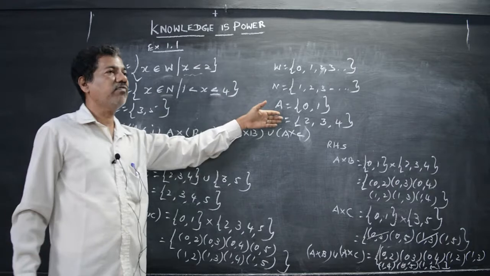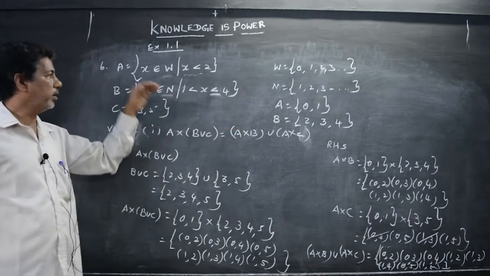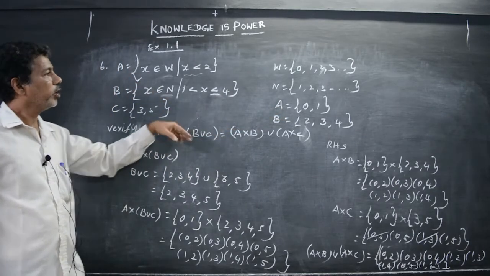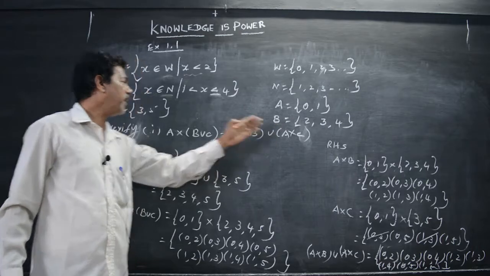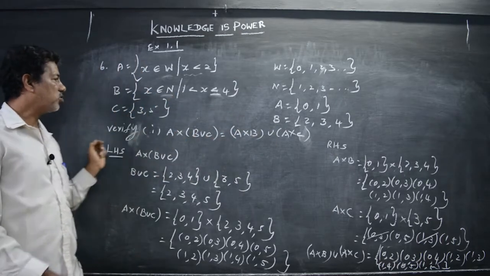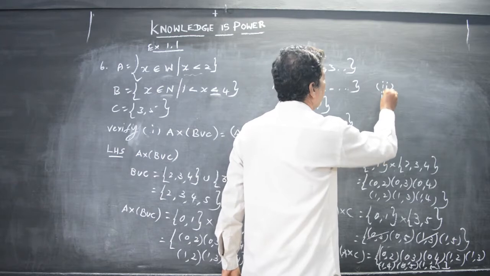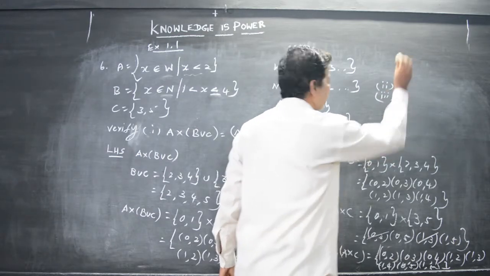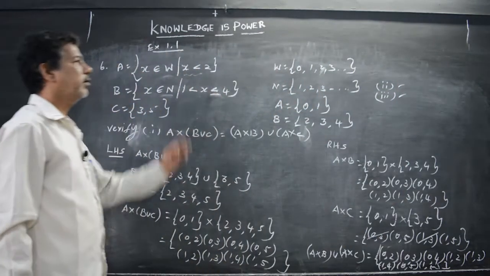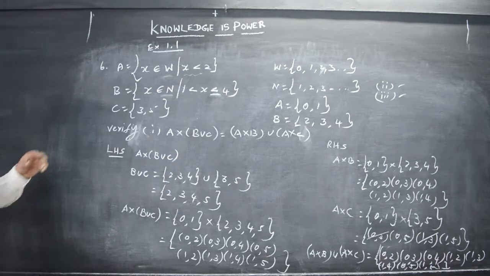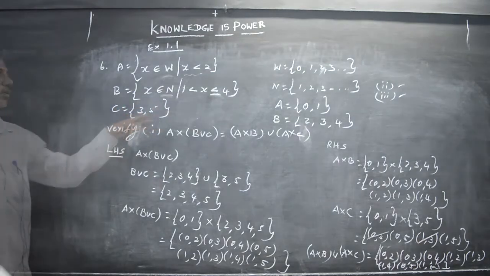I already wrote the first one, no need to write the second and third sums. Using this A set, B set and C set, you can proceed with the second and third sums as homework and practice. Do it as homework and practice. Okay, you can proceed.